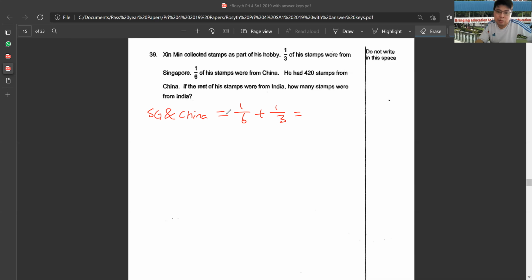Use over 6, because 6 is the LCM of 6 and 3. Then 1/3 becomes 2/6.